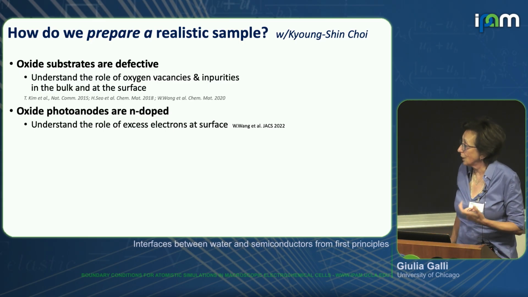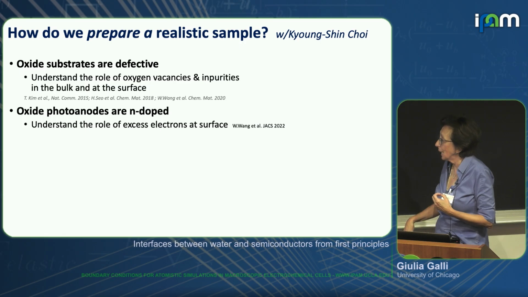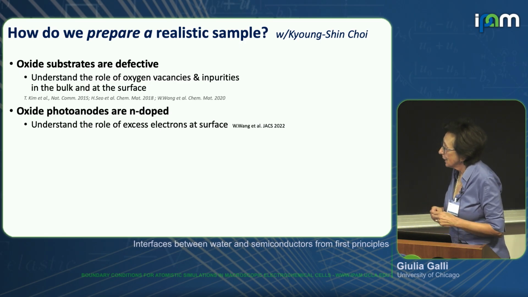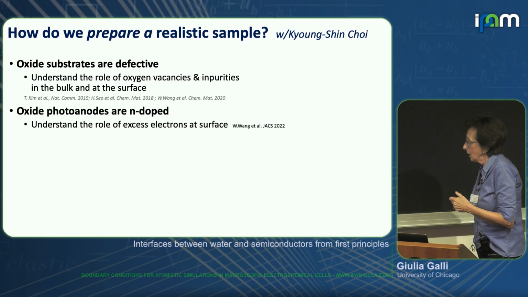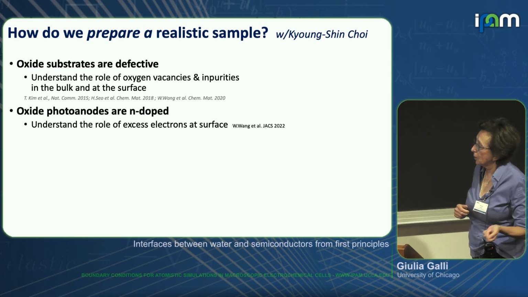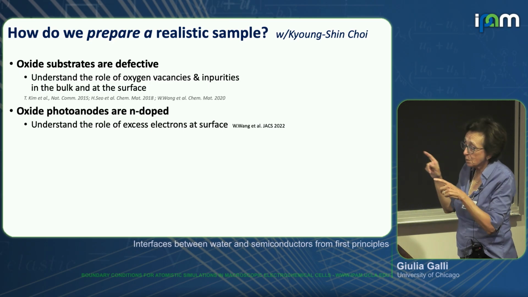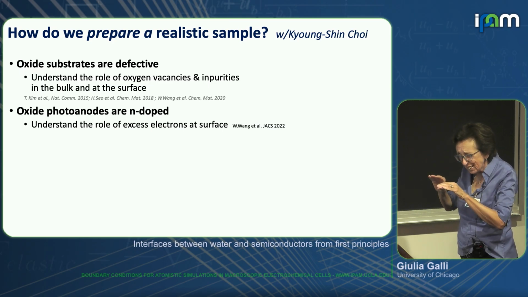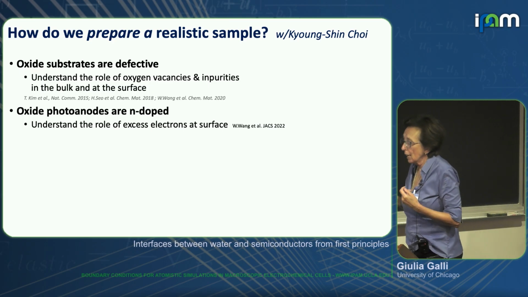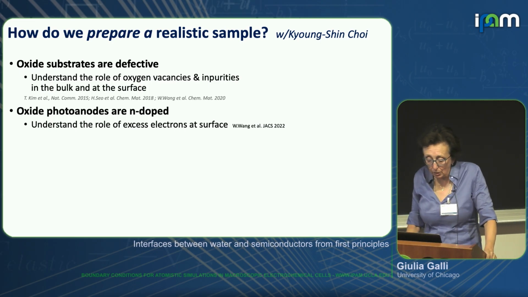It took a long time for us to understand that, but finally there were experiments done at DESY in Germany, and we started collaborating with several experimentalists who showed that this specific surface is always slightly charged. So we took this into account.